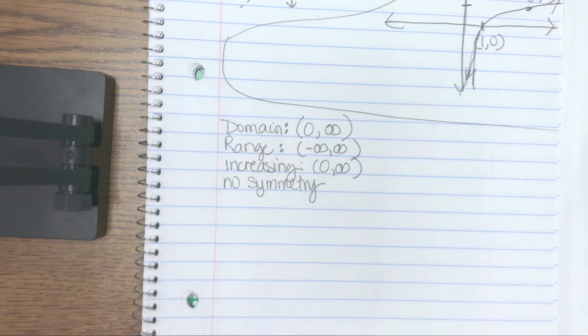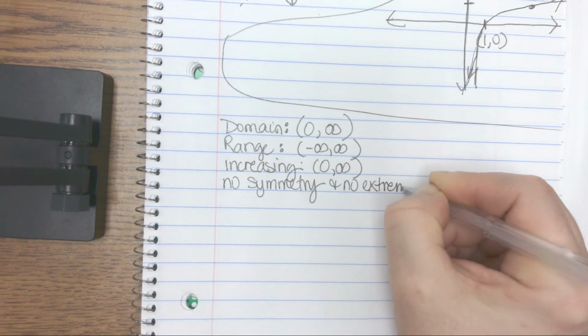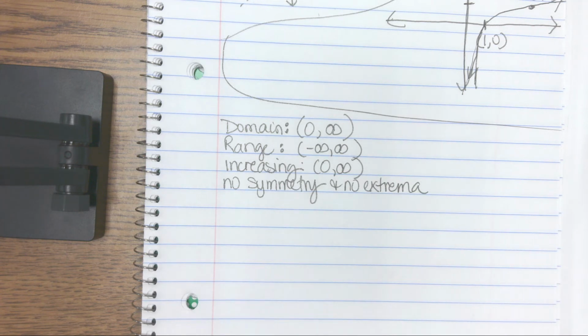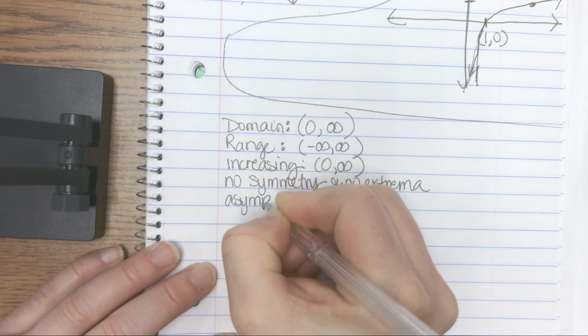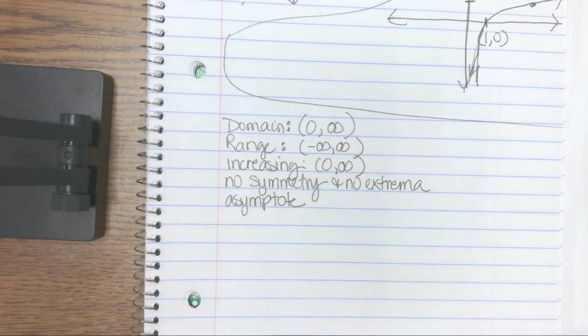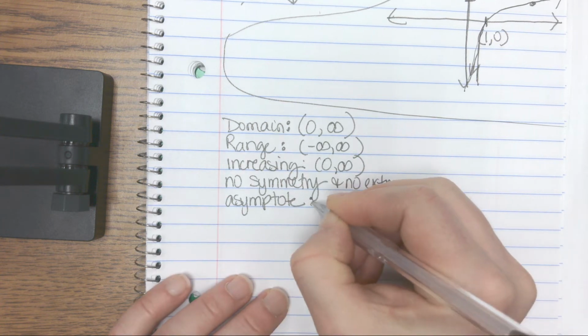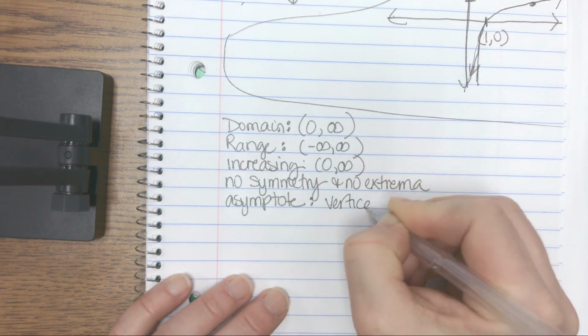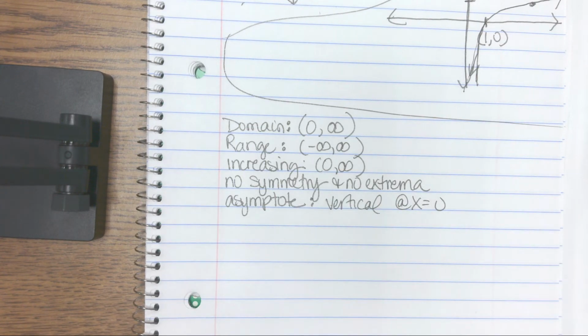And it has no extrema either. So it doesn't appear to have any maximums or minimums. Finally, what does it appear that it has as an asymptote? We talked about this. What kind? Vertical or horizontal? Vertical at x equals 0. Okay.